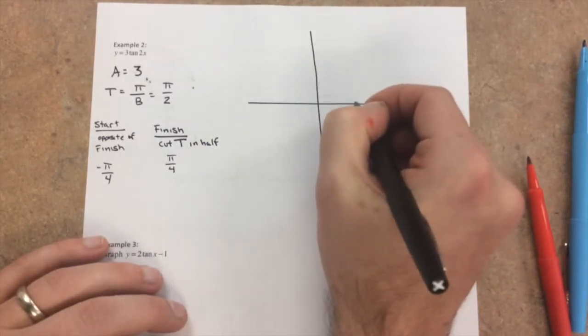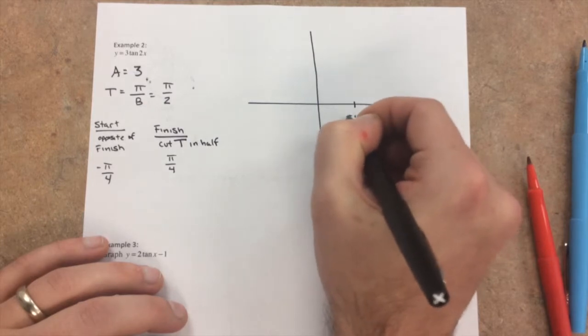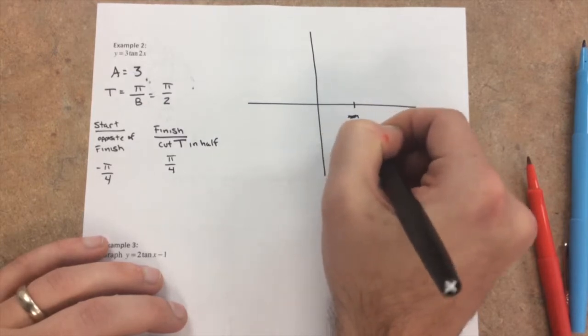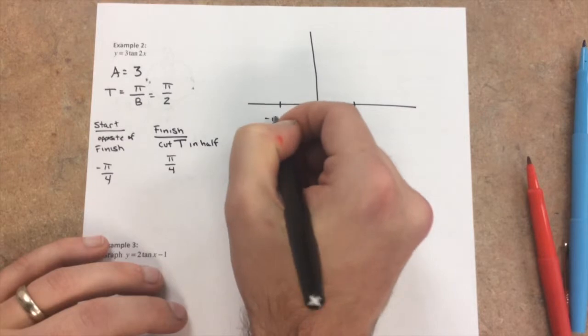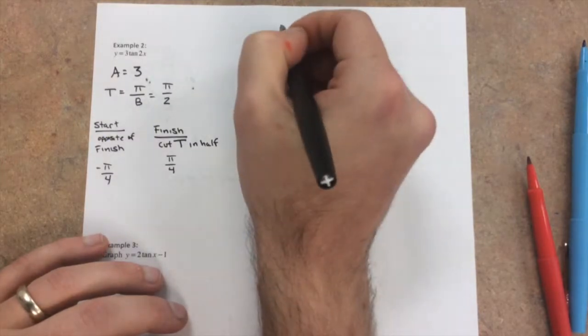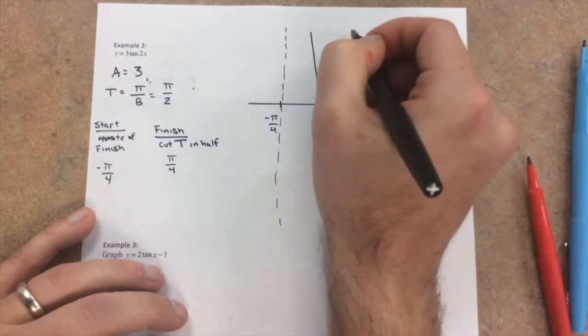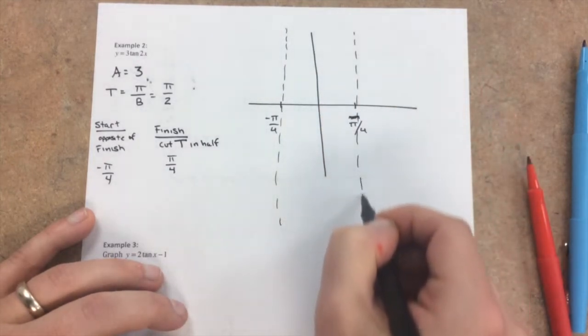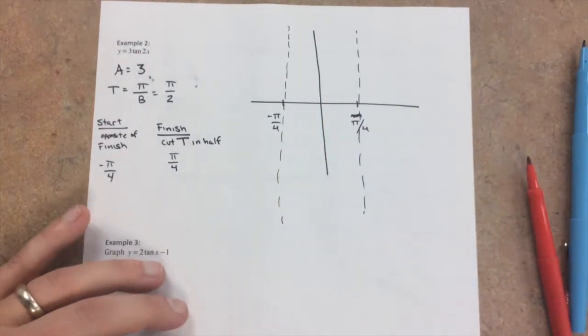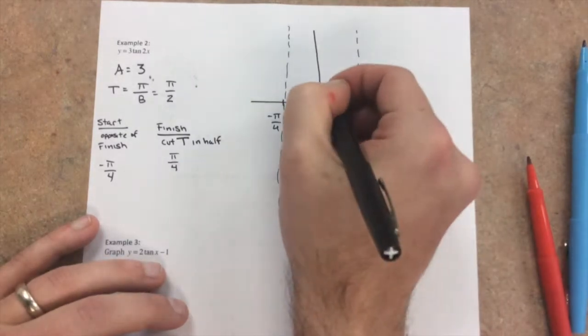So I'm going to go out pi over 4. I'm going to go out negative pi over 4. This is where we get our vertical asymptotes.